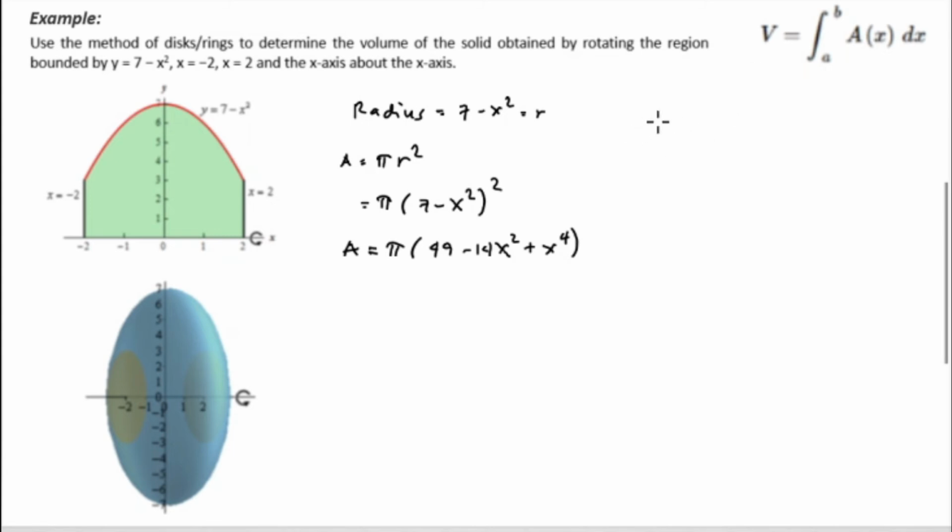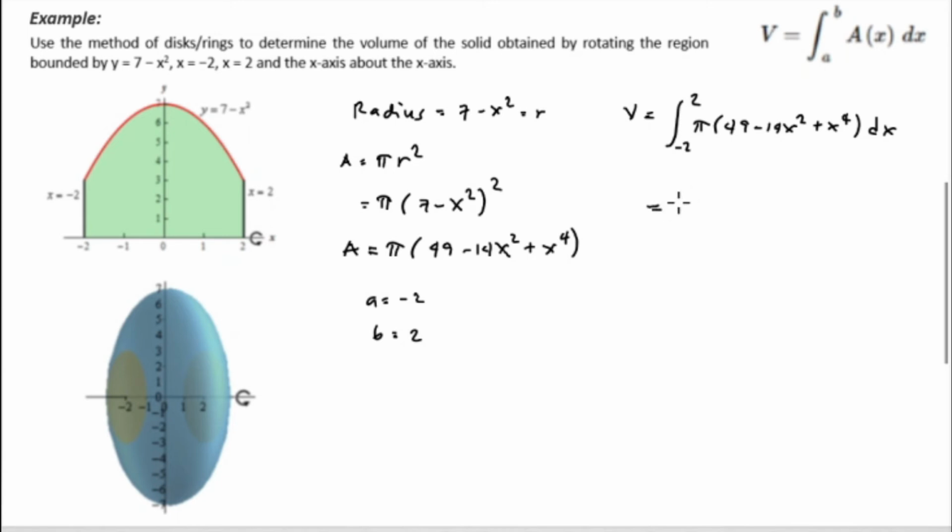Using the formula for volume of a solid of revolution, V is equal to the integral with limits a equals negative 2 and b equals positive 2. So we have negative 2 and positive 2. So the area of x is equal to pi times (49 minus 14x squared plus x exponent 4) dx. Then we integrate.